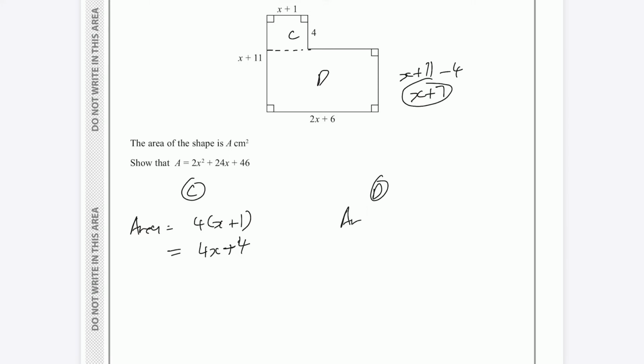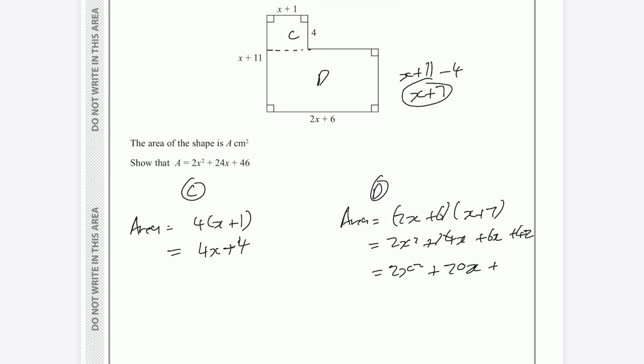So area is 2x plus 6. And then x plus 7, and that becomes 2x squared plus 14x plus 6x plus 42, and then we can simplify that to 2x squared plus 14 plus 6 gives us 20x plus 42 there.